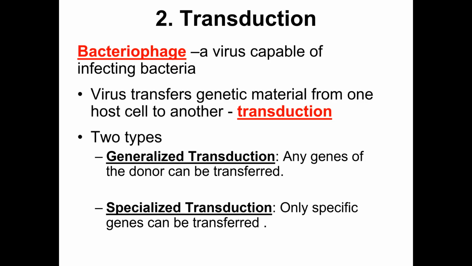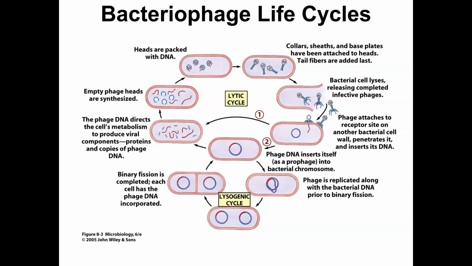Specialized transduction, I'm not going to touch until we get to this virus chapter coming up because there's more involved. Okay, there's more rules. So with specialized transduction, only specific genes, specific DNA may be transferred. All right, so just a kind of a heads up on what's coming up. This is going to be the main focus in the virus chapter.